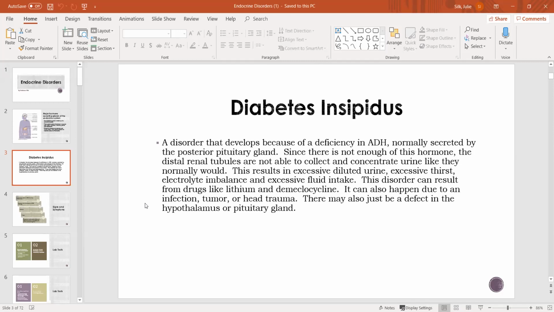So if you have central diabetes insipidus, this means that you have damage to your hypothalamus or your pituitary gland. That's the cause of why you have it. If you have nephrogenic diabetes insipidus, this means that it's a problem with your kidneys, so your kidneys aren't responding to that ADH very well.